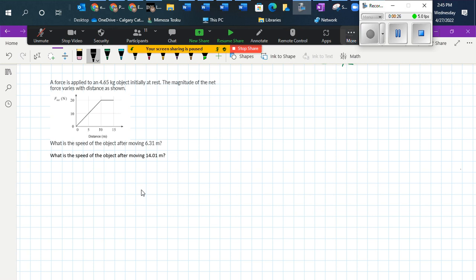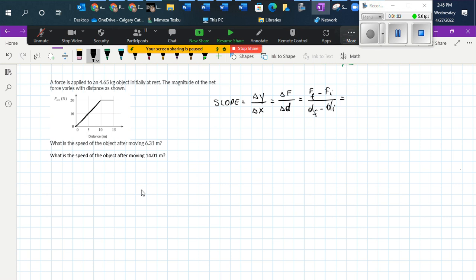First, let's find the equation of the graph for this part here where the graph is going up. As we have mentioned, first we'll find the slope, and the formula for the slope is delta y over delta x. In our case, this will be the change of force over the change of displacement: force final minus force initial over d final minus d initial.